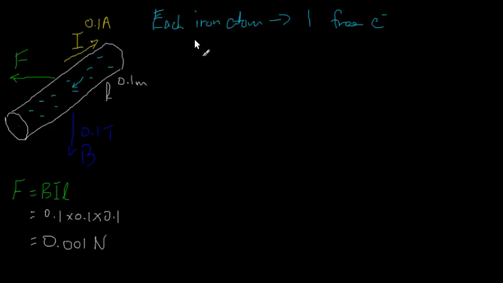Now, to find the mass of 1 mole of iron, we need to look up a chemical periodic table to find something called the relative atomic mass. I'll say more about this in a later video. But the relative atomic mass of iron is 55.8.